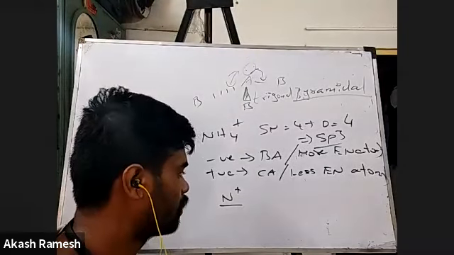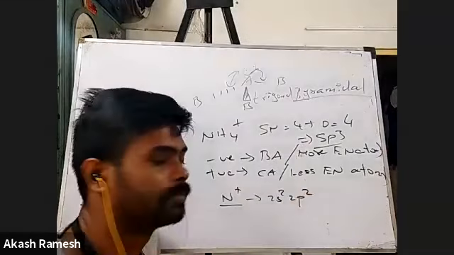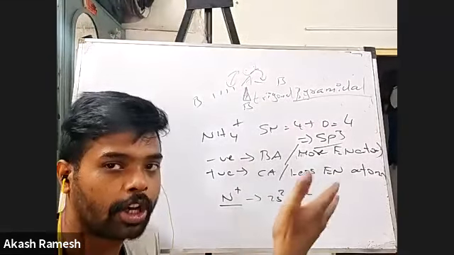Nitrogen would have had 2s2, 2p3, right? But N plus would have 2s2, 2p2. Correct? 2p3 should have been there, but since it is N plus, it is 2p2, 1 electron removed.